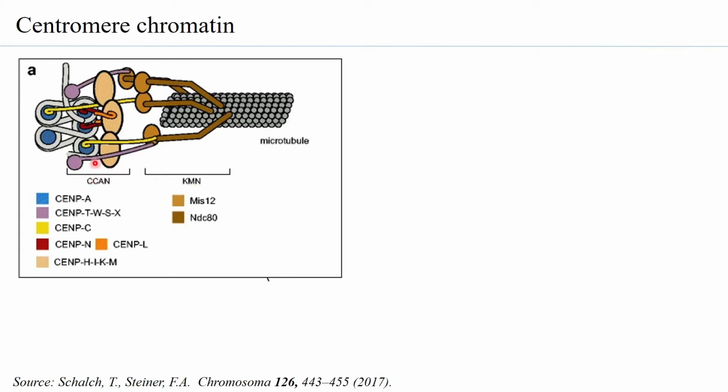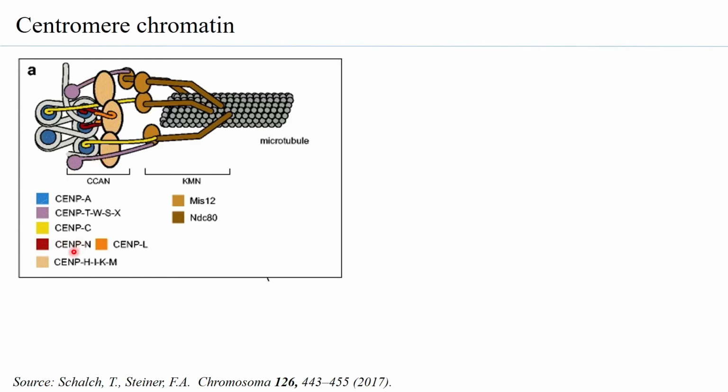Now, CENP-C not only interacts with CENP-A and the outer kinetochore complex proteins, but it also interacts with the CENP-HIKM complexes. These are tetramers that bind to the centromeric DNA region, forming the inner kinetochore region.